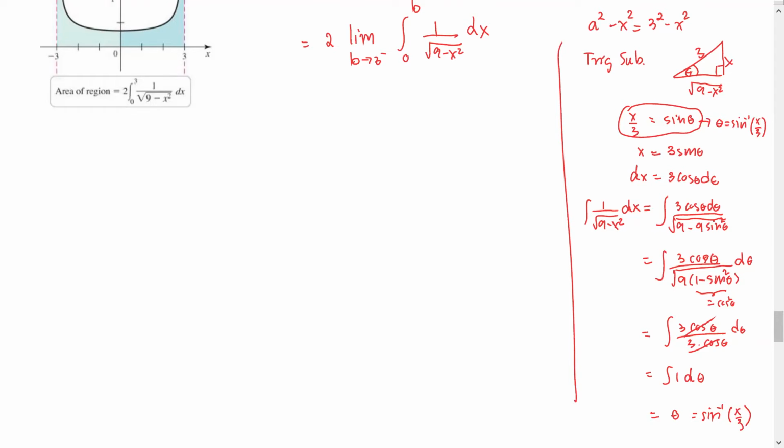Back to the main part of the integration. The improper integral is 2 times the limit as b approaches 3 from the left. The antiderivative that we just got is the inverse sine of x over 3, evaluated from 0 to b.